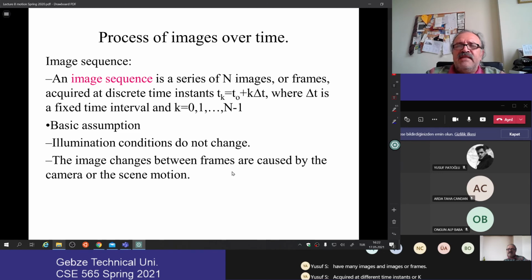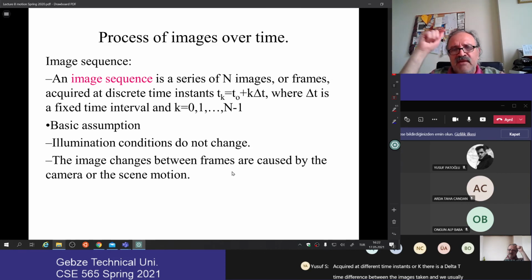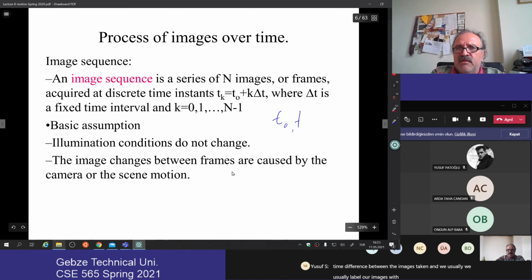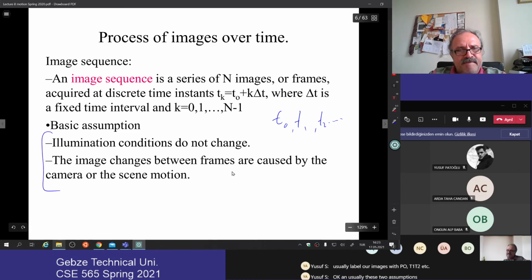There is a delta t time difference between the images taken, and we usually label our images with t0, t1, t2, etc. It goes that way. Usually these two assumptions make our life a lot easier. Sometimes we have to stop assuming these, but most of the time we do that.